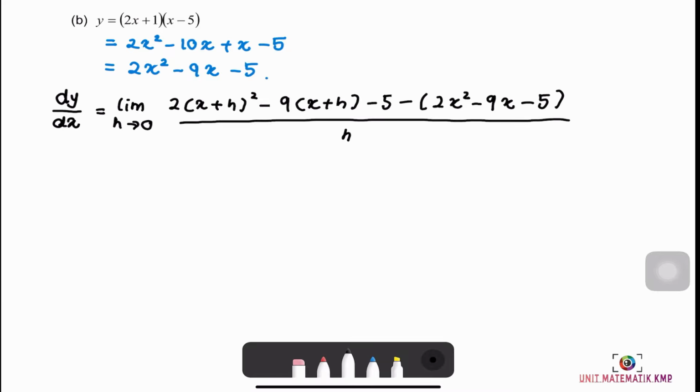Right, so the next step is we expand the numerator.